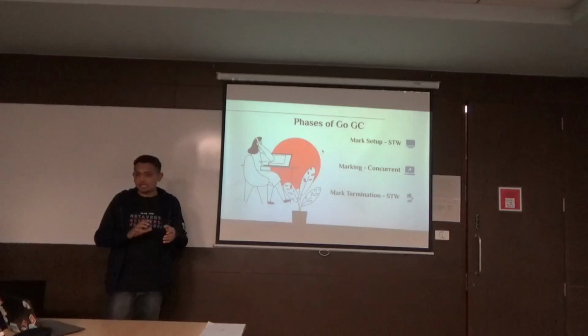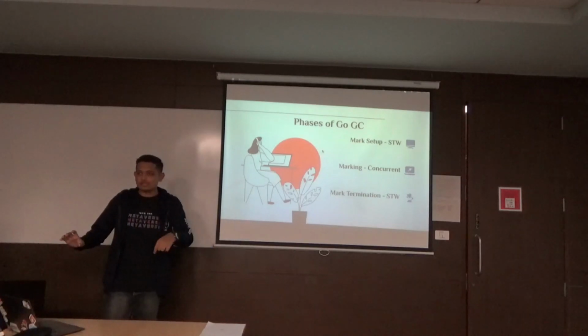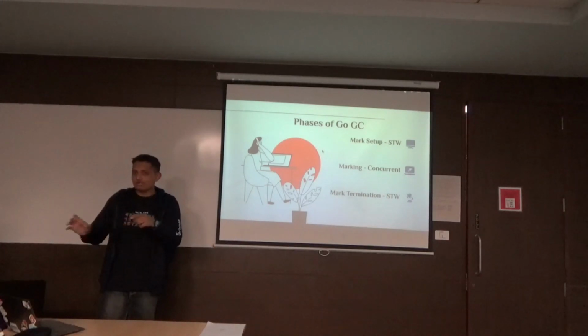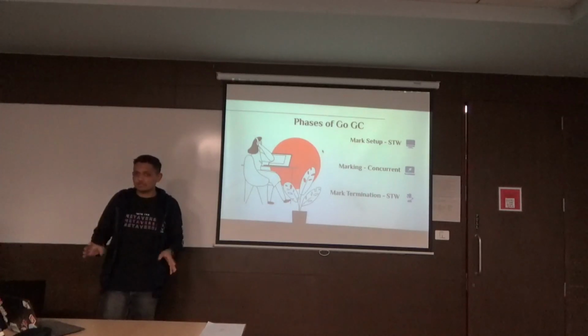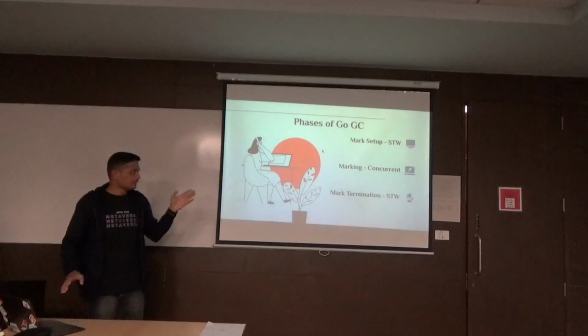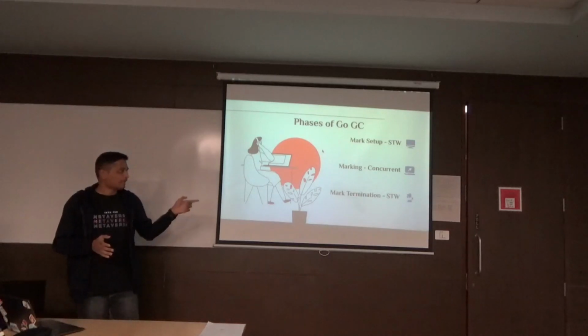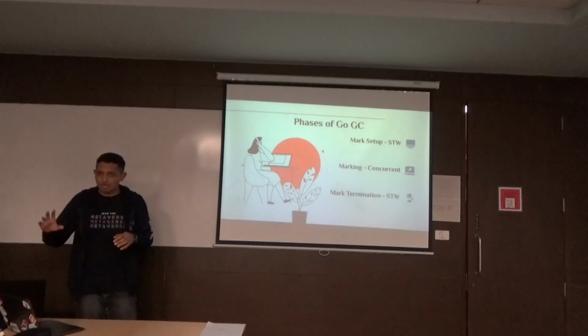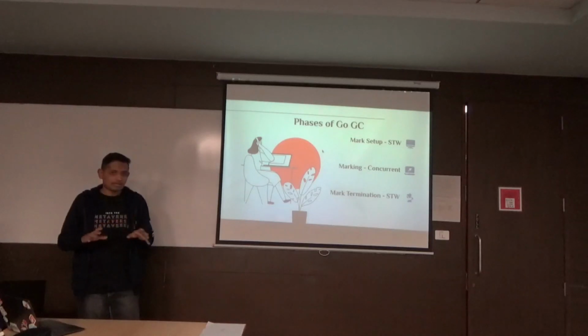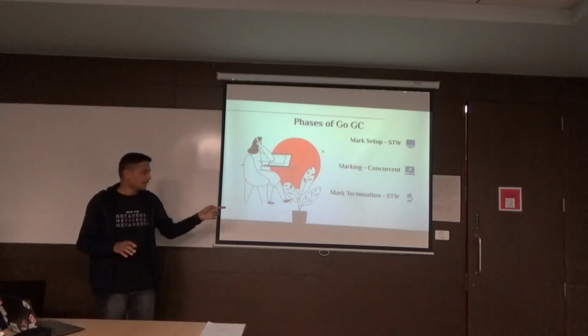Why? Because I am trying to free up some memory and a thread is trying to write to that same memory. That shouldn't happen, because some critical data is written and the memory is freed. So that sort of arrangement is done. Then the memory which is to be freed is marked, and after the marking is done, the memory will be cleaned, and then the mark termination.